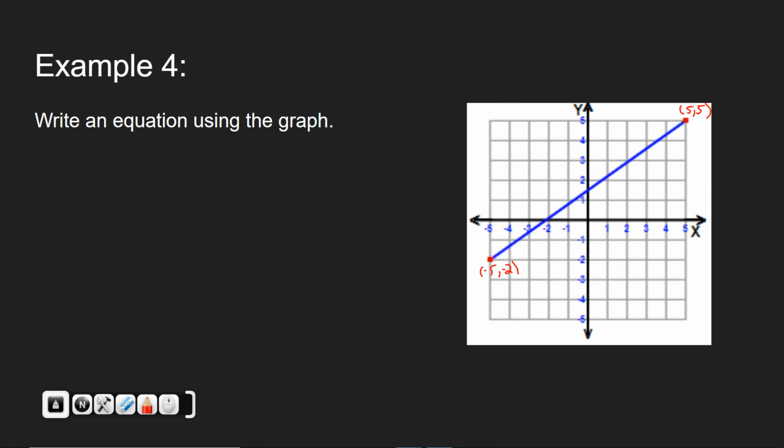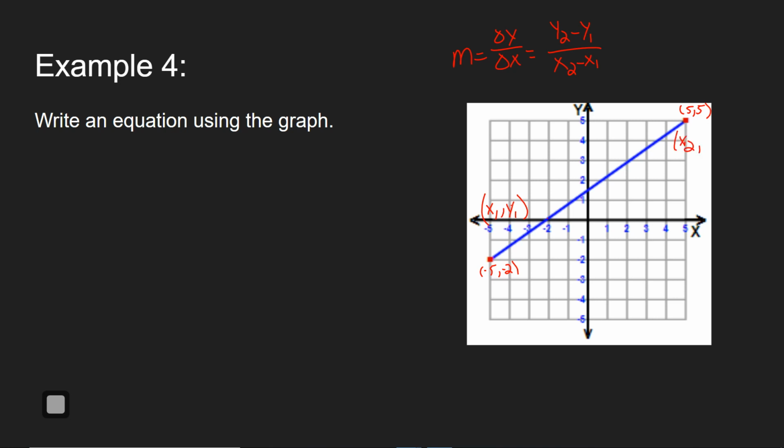To calculate the slope, we look at the change in y over the change in x. This is y2 minus y1 all over x2 minus x1. This point over here is x1, y1. It's the first point we start at. As we move our way over, we now have x2, y2.